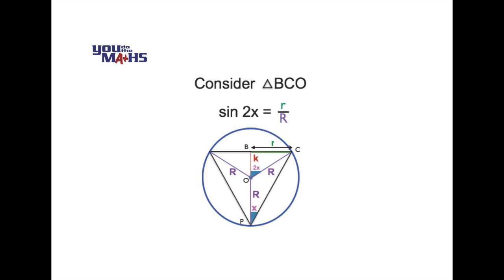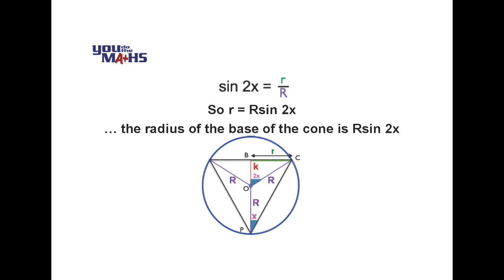So we can describe sine of 2x as opposite over hypotenuse, or in this case small r over capital R. We'll rewrite that expression so that we get the radius of the cone, small r, is equal to capital R multiplied by sine 2x. So that now gives us a description for the radius of the base of the cone in terms of the information we originally had, which is the radius of the sphere, capital R, multiplied by sine 2x.